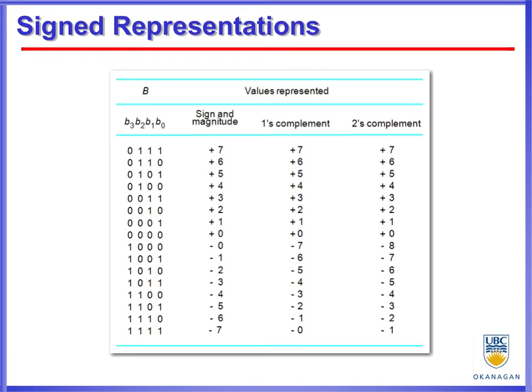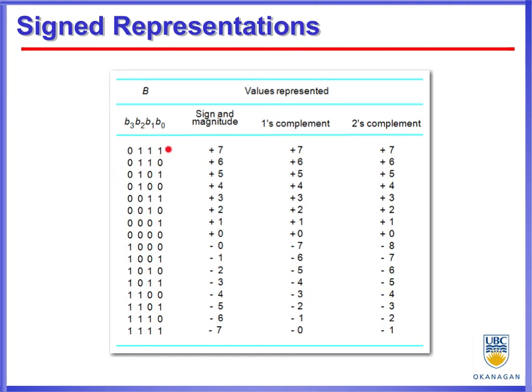First let's look at all of the signed numbers using the 3 different types of signed representations for these 4-bit binary numbers. And you'll notice that these are not written in ascending order. 0 starts here, 0, 1, 2, 3, 4, 5, 6, 7.